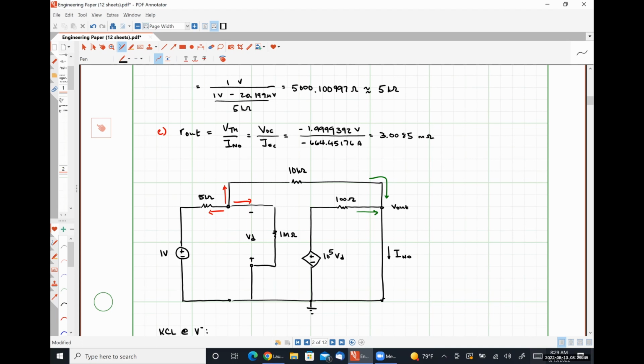So in this case, we see that our output resistance, lowercase r, is significantly smaller than our output resistance, uppercase R, by a few orders of magnitude. So again, we see our modification of input and output impedances or resistances.